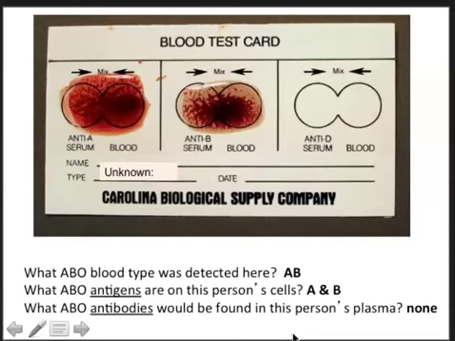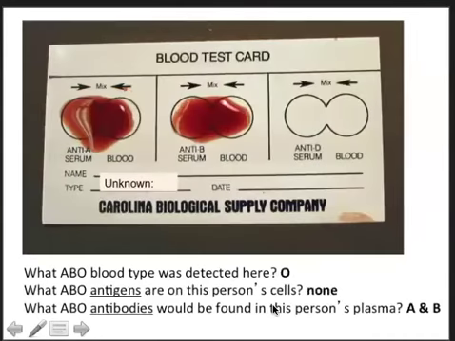They have no antibodies against either the A or B antigen, and the result is what we see in this blood typing card. This individual failed to show agglutination in either the A or the B well. The result is that this individual has type O blood.